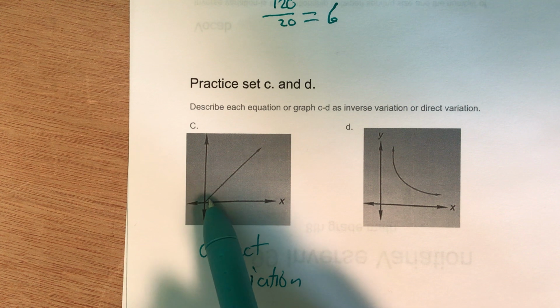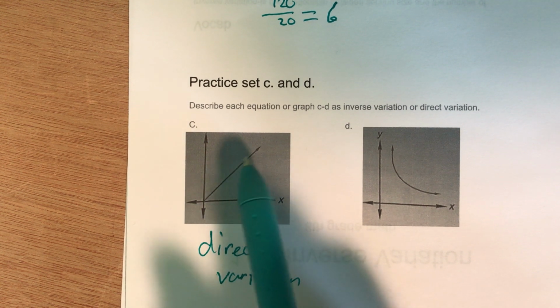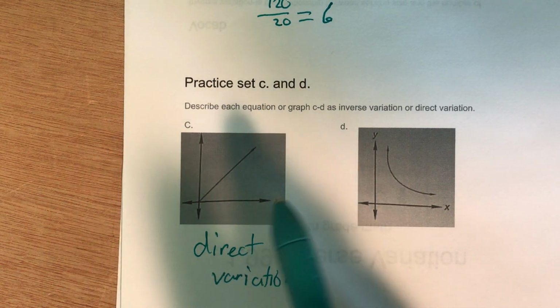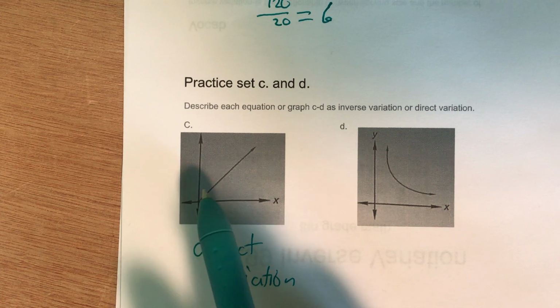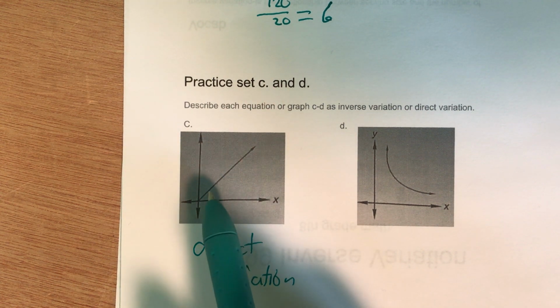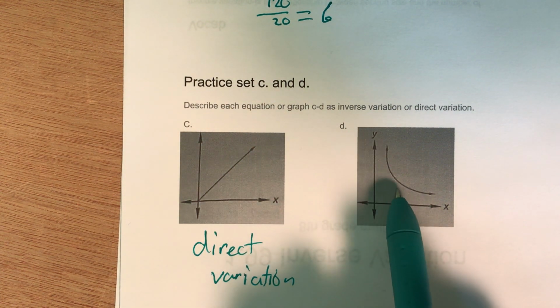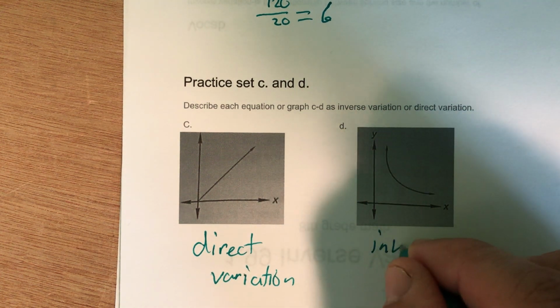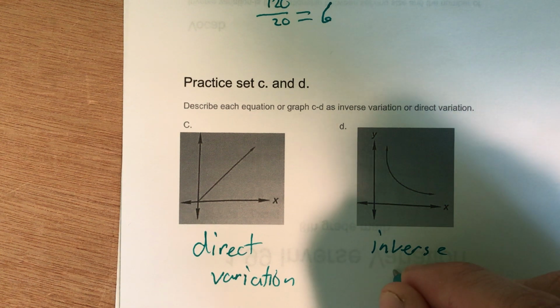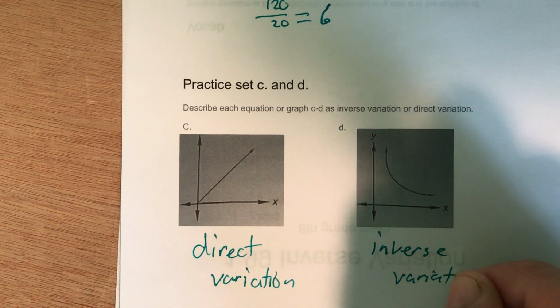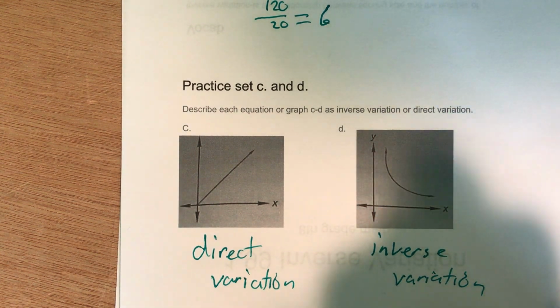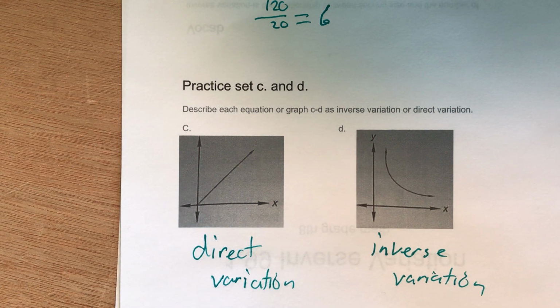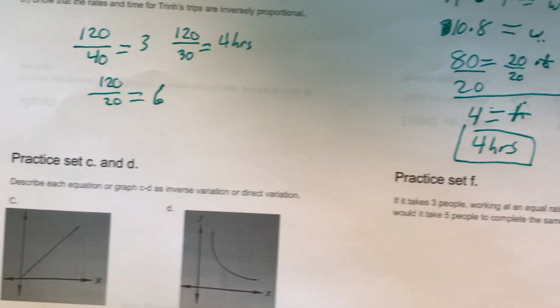It looks like no matter what you put in there, it's at a constant rate, which means it's directly in line with the last one. This is not going to be the case here. So that's why I'm going to go with inverse variation. That's the main thing there.